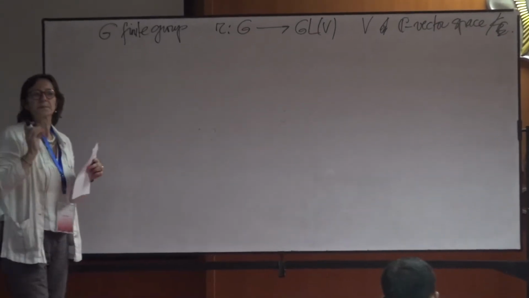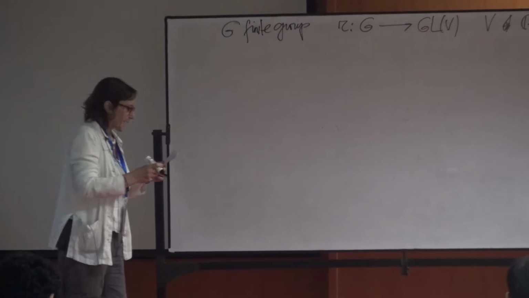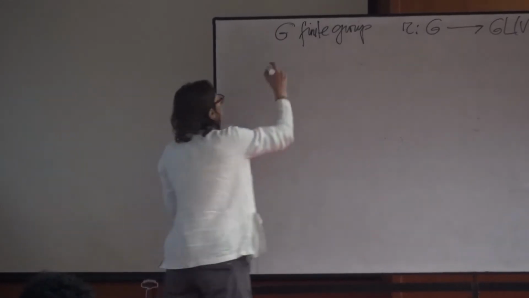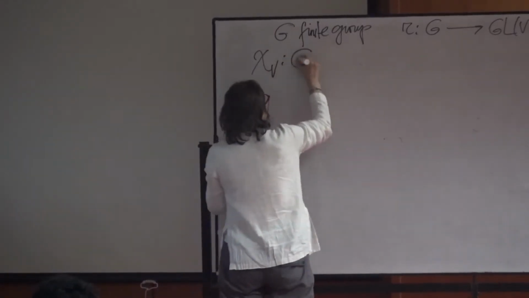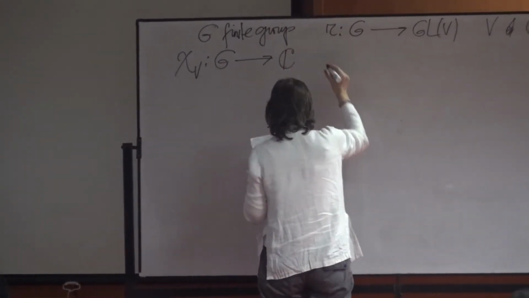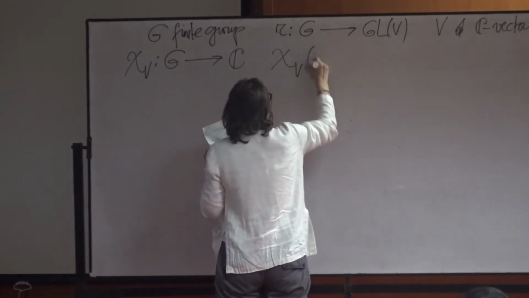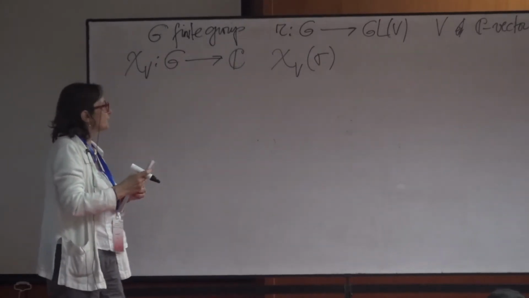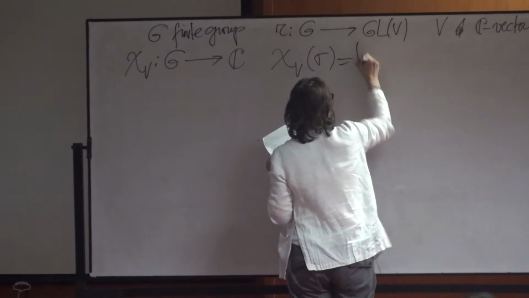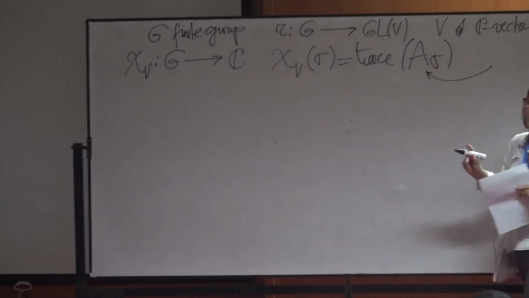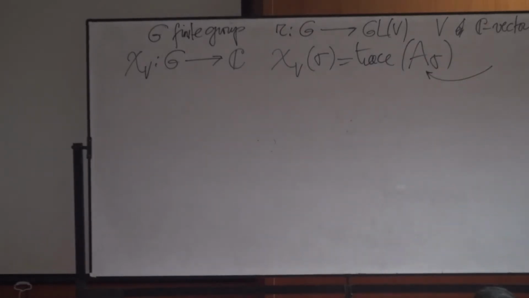So in one of the last lectures, the character of a representation was defined. So the character of V is a function from G to C, and by definition, the character of an element sigma of G is the trace of A sigma, where A sigma is just any representative matrix of sigma in GL(V).